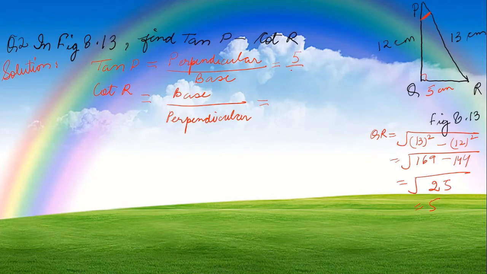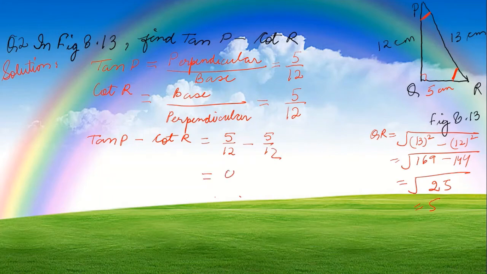Its base is 12. Now for cot R, for this angle this time, base will be 5 and perpendicular, the side opposite to it, is 12. Now we want to find tan P minus cot R. So it will be 5 upon 12 minus 5 upon 12. So it is 0. So the answer is 0.